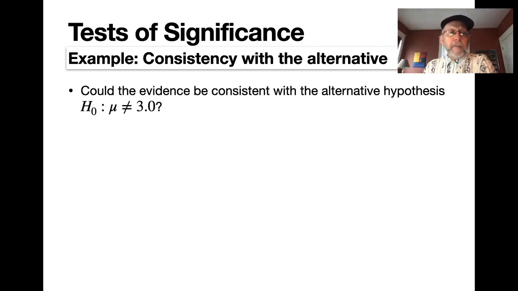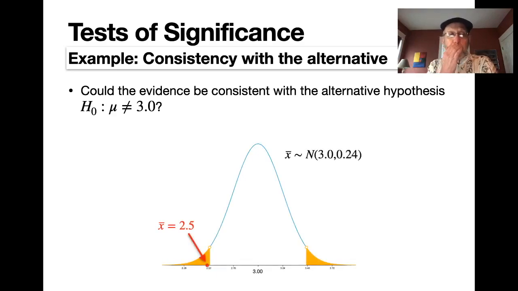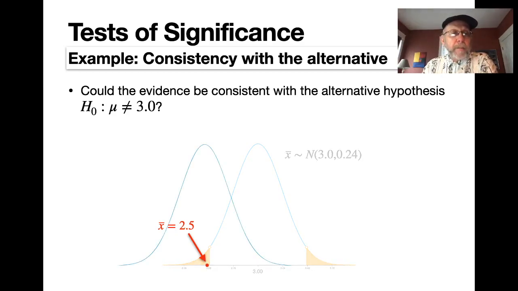So could our data be consistent with the alternative hypothesis that mu is not 3.0? Well, here's the picture from before showing our data, x bar equal 2.5, in relation to the null hypothesis, right? That the mean is 3. But the alternative hypothesis states that the mean may not be 3, in fact, is not 3. That leaves open the possibility that the mean could be shifted to the left, right?